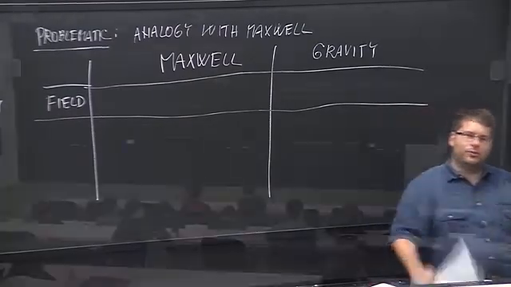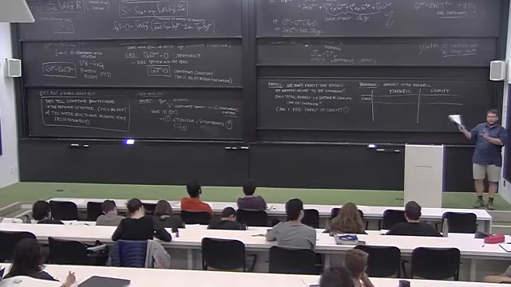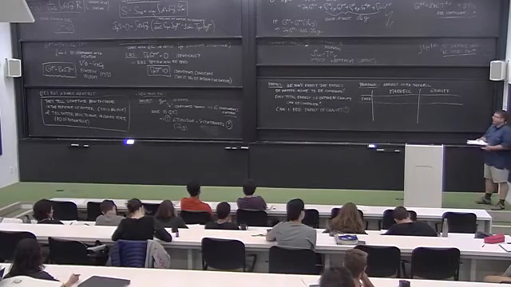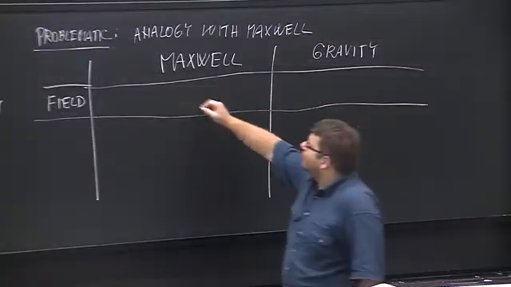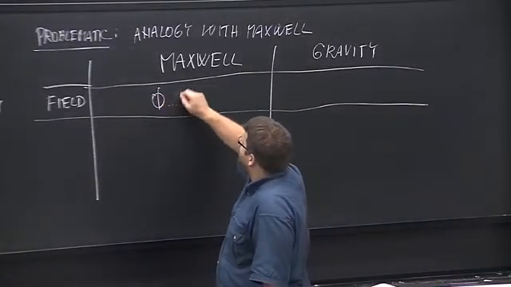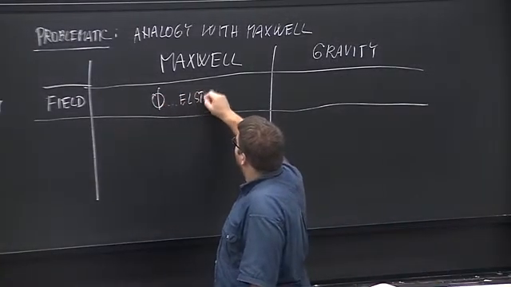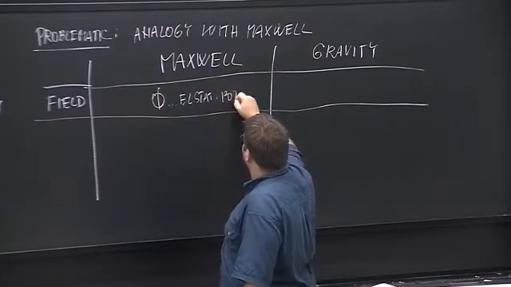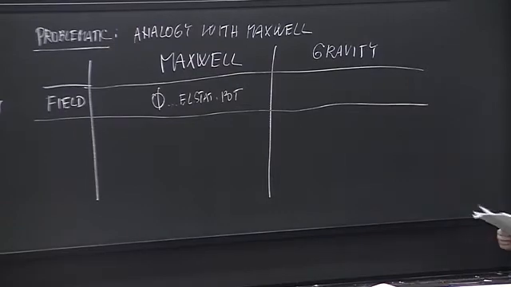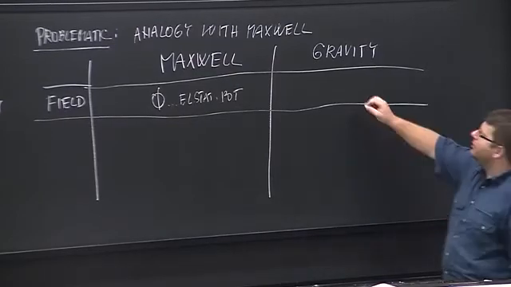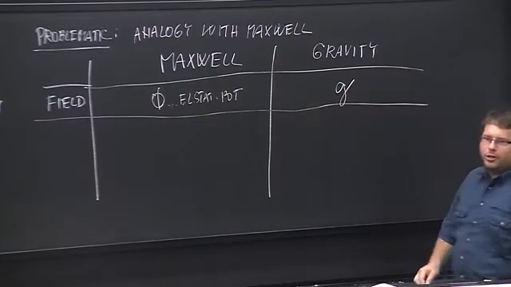But let's just do electrostatics, so the analogy is actually enough to do with electrostatics. Then I don't have the A vector, but I only have the electrostatic potential, the static potential here. And of course in gravity the corresponding field is my metric g.